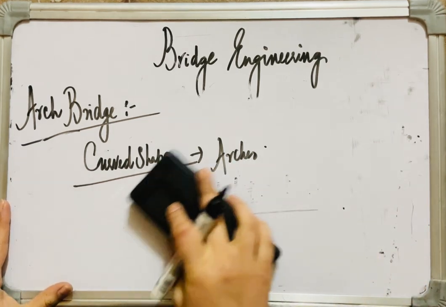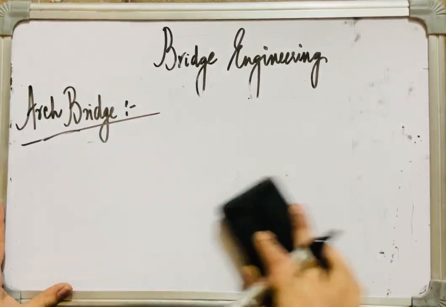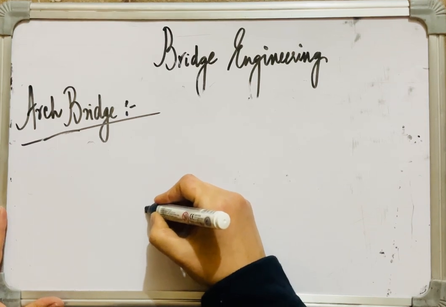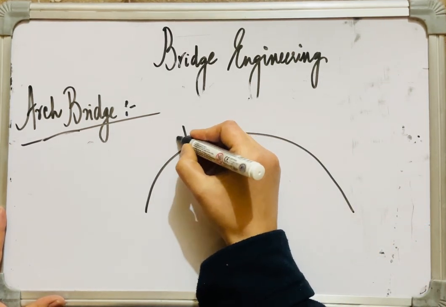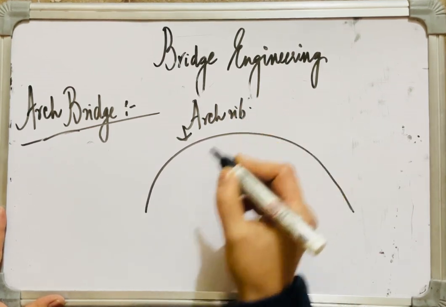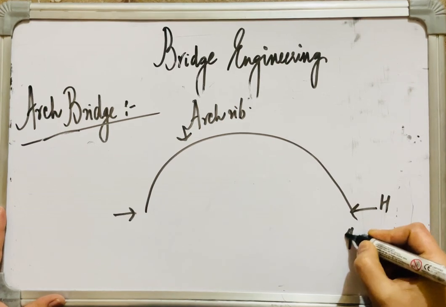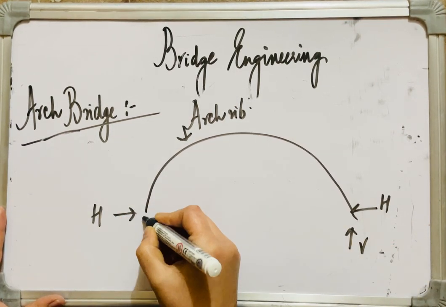I'll make a diagram and show you how. This is the arch, and this is the arch rib. This is the horizontal thrust. These are the vertical reactions.